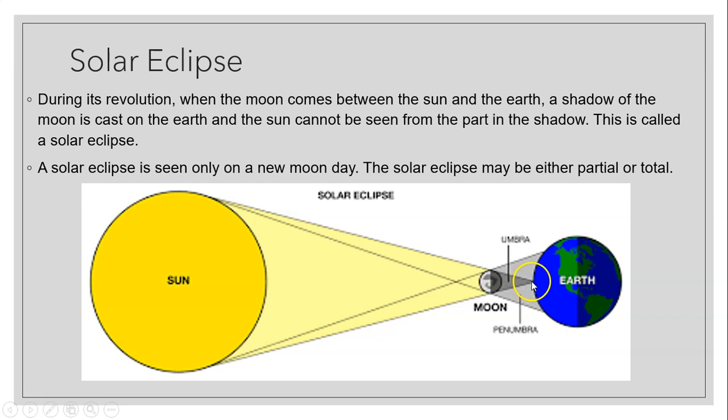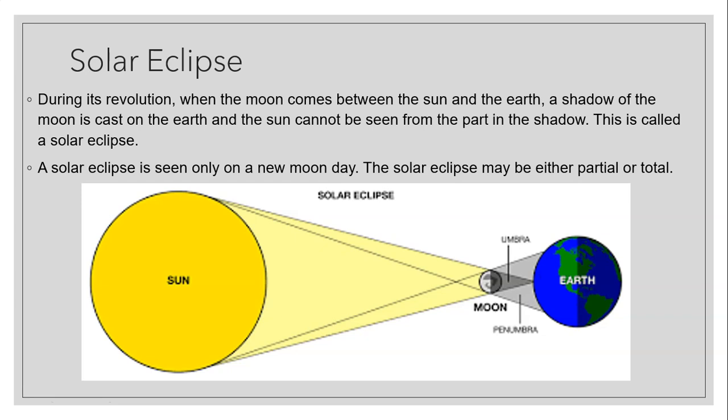So this part is experiencing a total solar eclipse, and this part has a partial solar eclipse. Now the sun is the extended source, the moon is the ball, and this darker part is the umbra region, and the fainter part is the penumbra region.